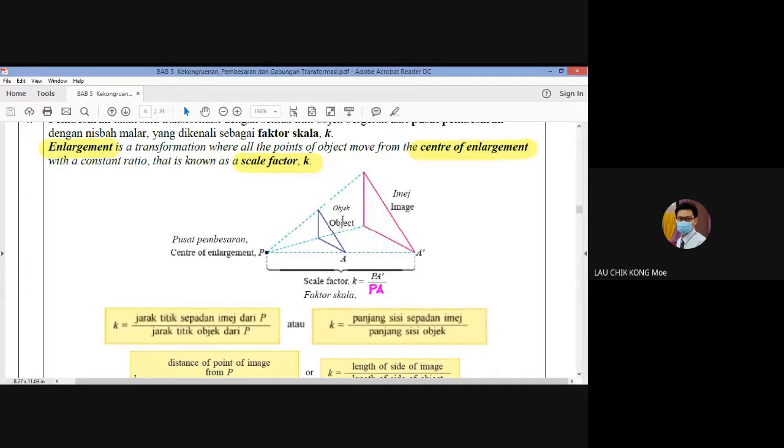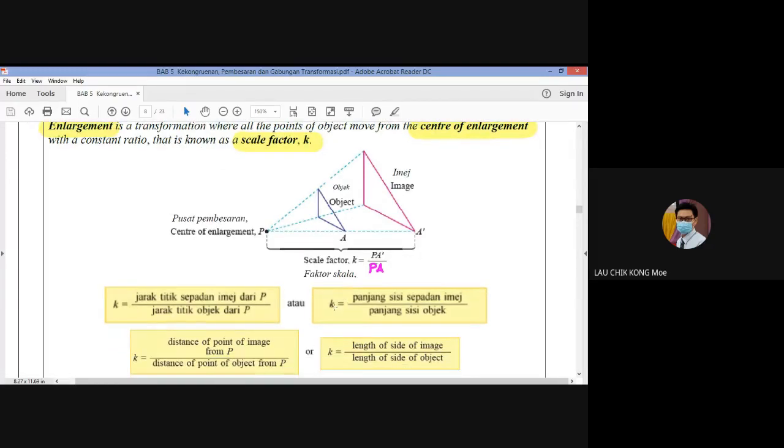So this is the object and then this is the image. So kecil jadi besar. Dia punya image, dia punya pusat di belakang objek. Okay, so we can find the scale factor K equals to, bagaimana kita nak cari faktor skala, kita ada rumus dia, iaitu length of the side of image divided by the length of side of object.